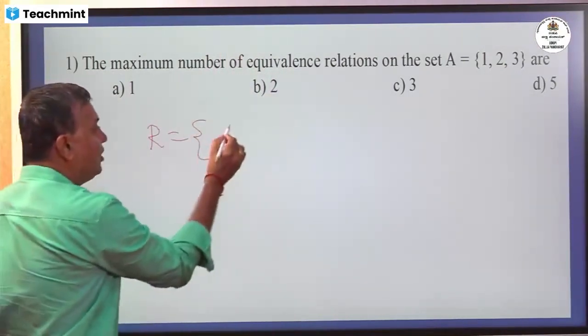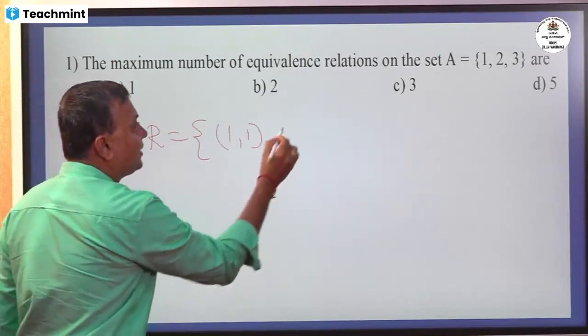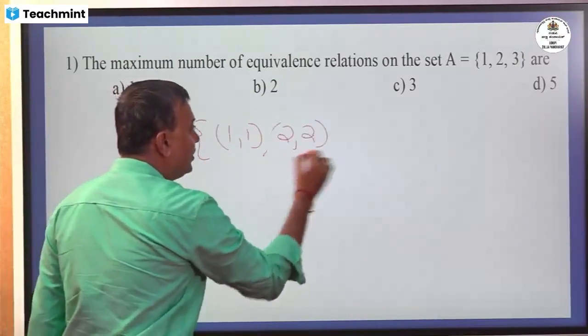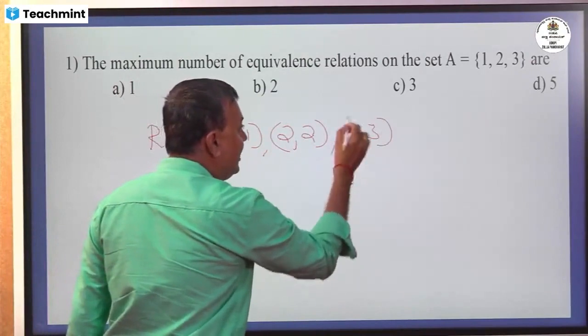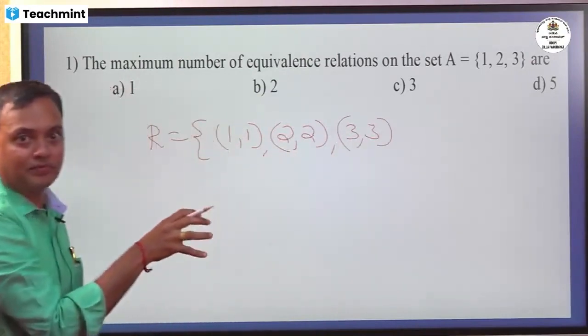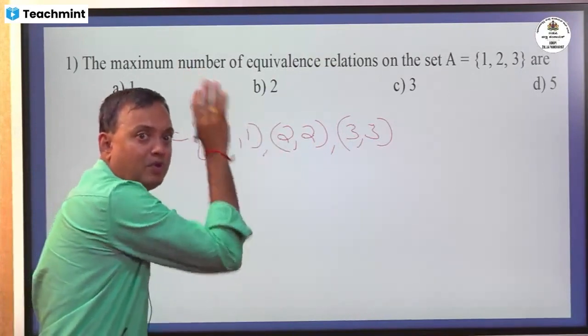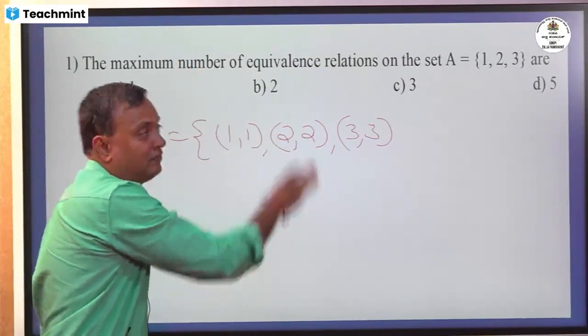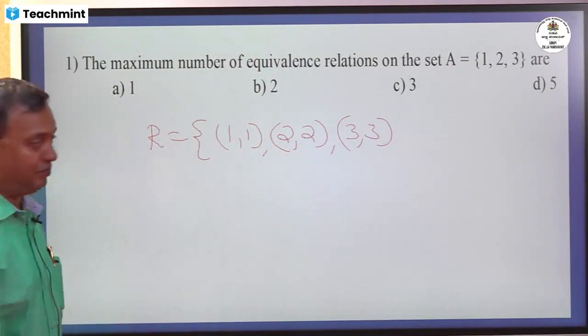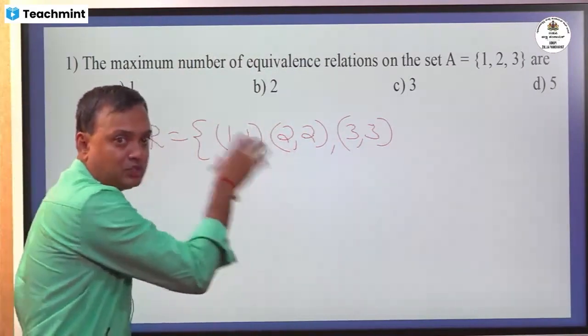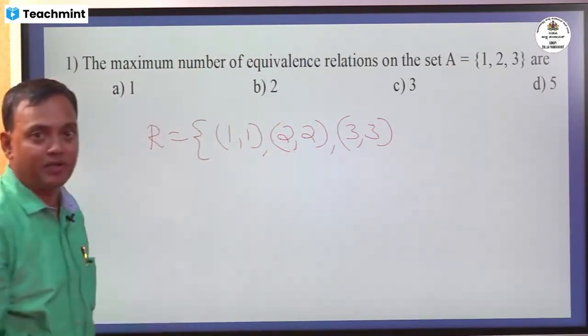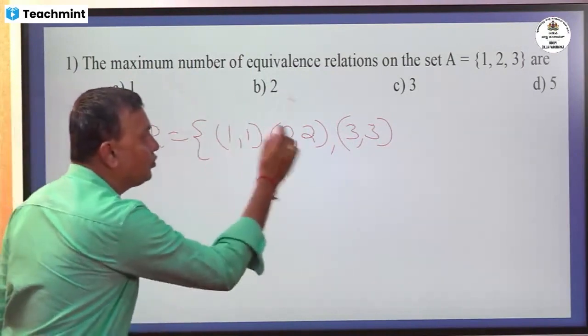So here (1, 1), (2, 2) and (3, 3). These are the initial conditions. These three ordered pairs must occur, then only it is equivalence. First it should be reflexive.